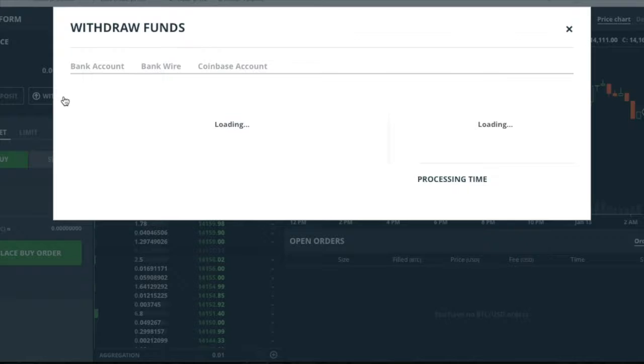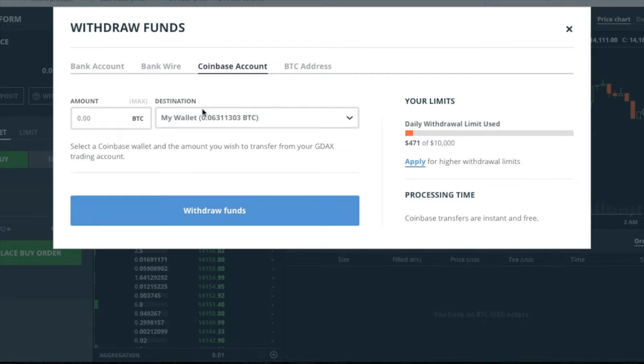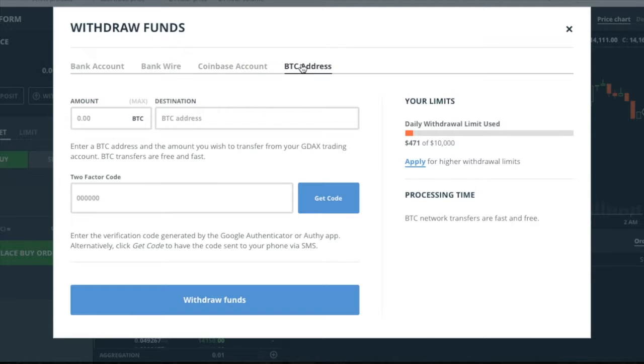Withdraw is the same thing. If I want to withdraw the BTC that I have on my GDAX, I can enter whatever amount I want to withdraw and click withdraw funds. If I want to withdraw to an address, I will enter the address, the amount, and my 2-factor authentication code.